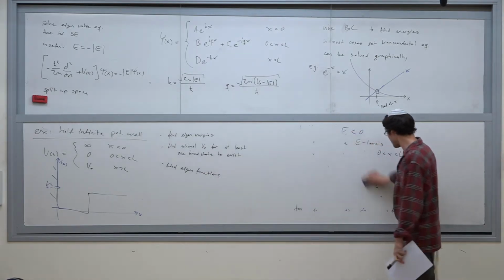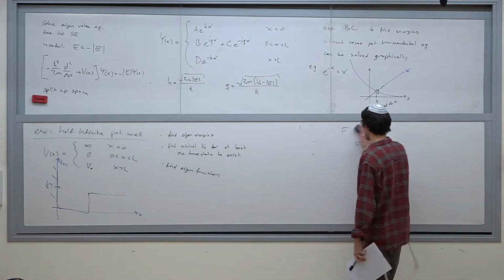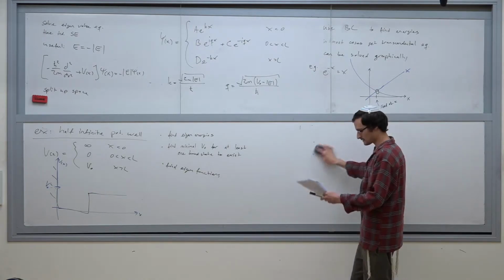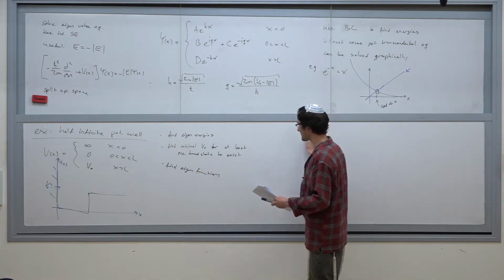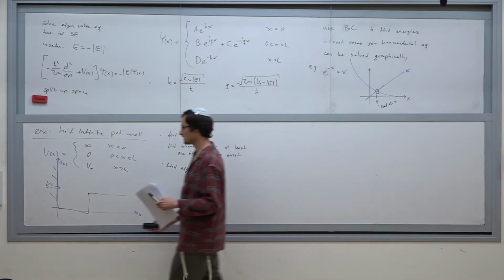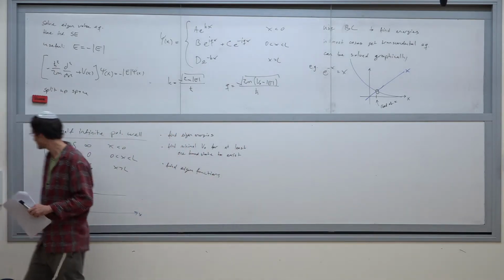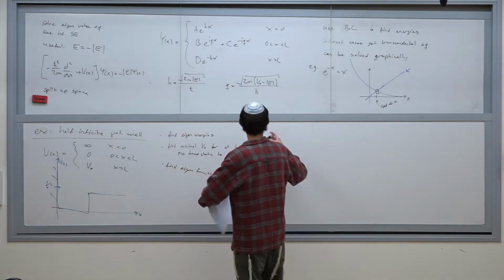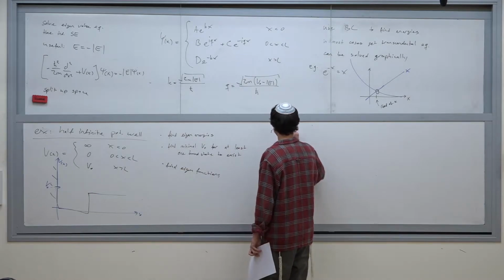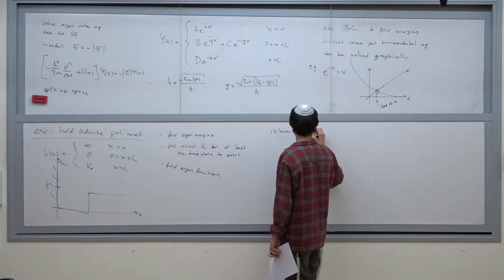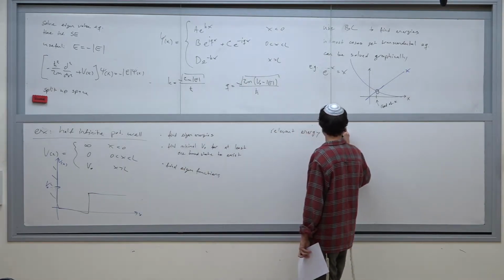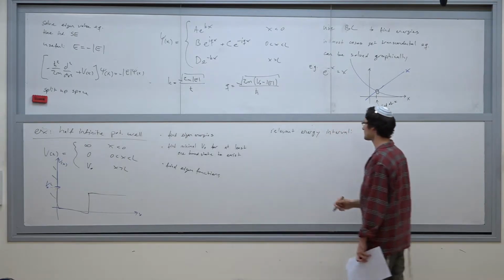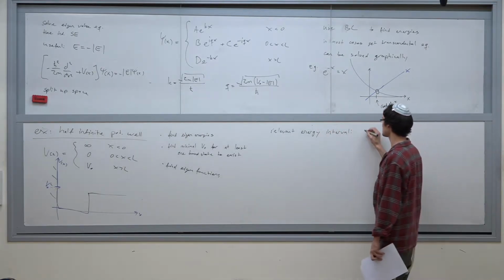So the first thing we have to determine is the relevant energy interval that we have to consider. Not all the energies have to be considered. In order to determine the relevant energy interval, always think classically.